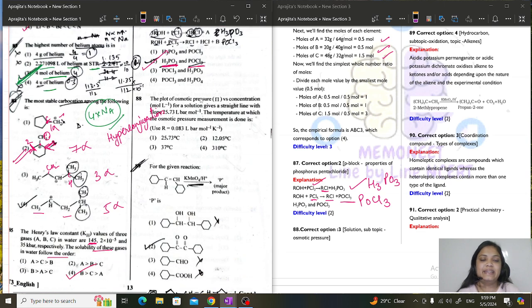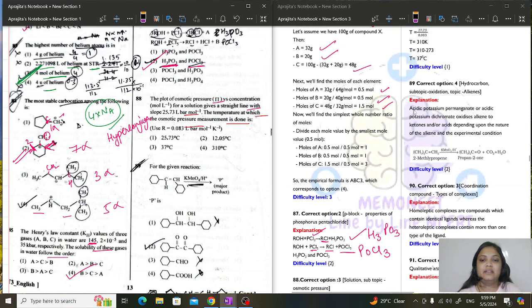Question number 88. The plot of osmotic pressure versus concentration gives a straight line which has a slope of 25.73 liter bar per mole. We need to tell the temperature at which the osmotic pressure measurement is done. The R value is given.